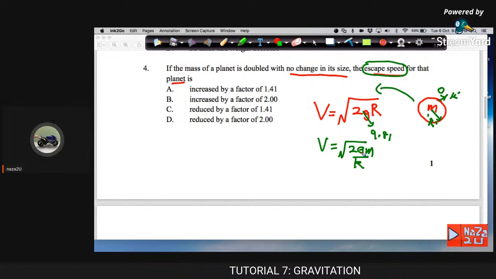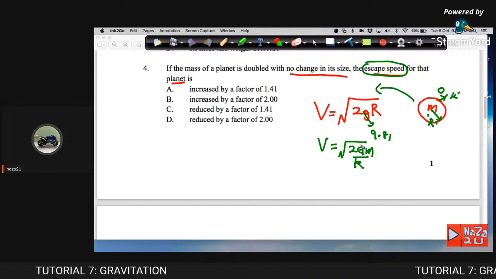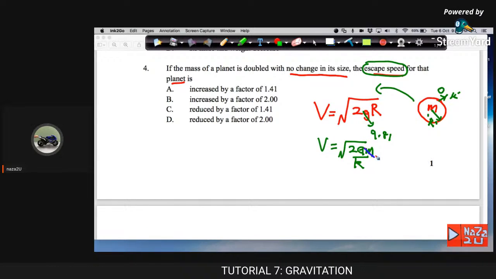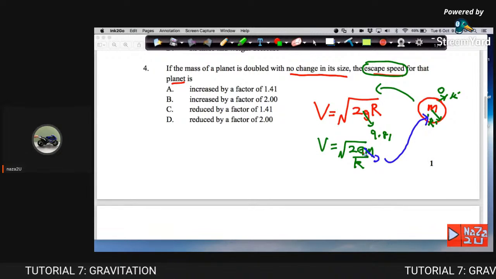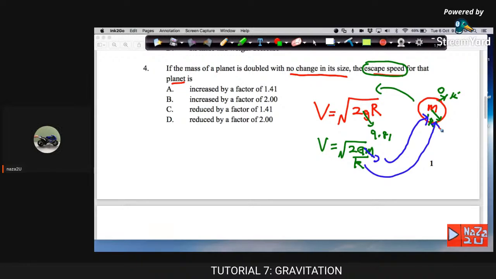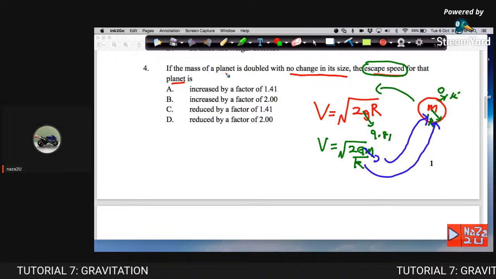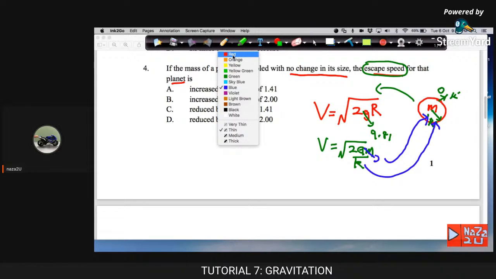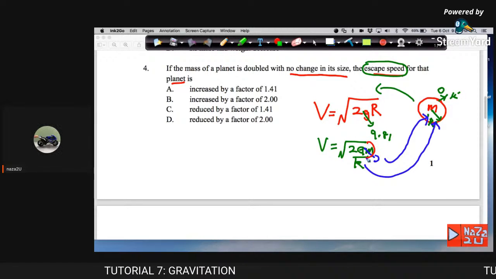So this G is a universal constant. Awal tadi kita sudah bagi nilai dia. Mass, this is mass of the earth, constant juga, and R is the radius of the earth. Right? So if look at the question number 4, the mass of the planet is doubled. So mass ini kita tingkatkan, if you increase the mass, right?